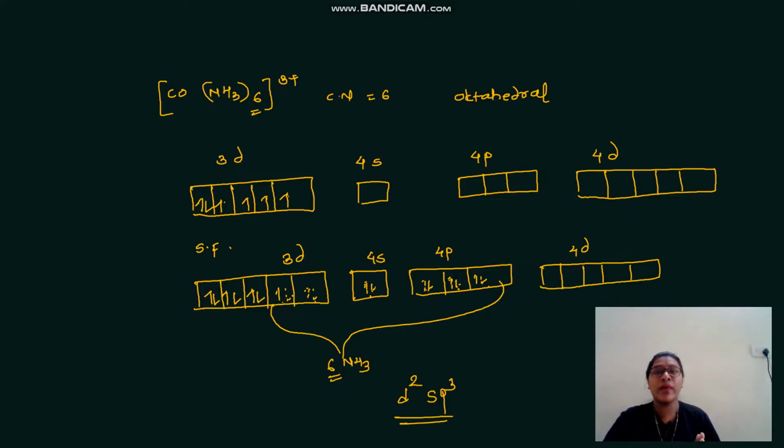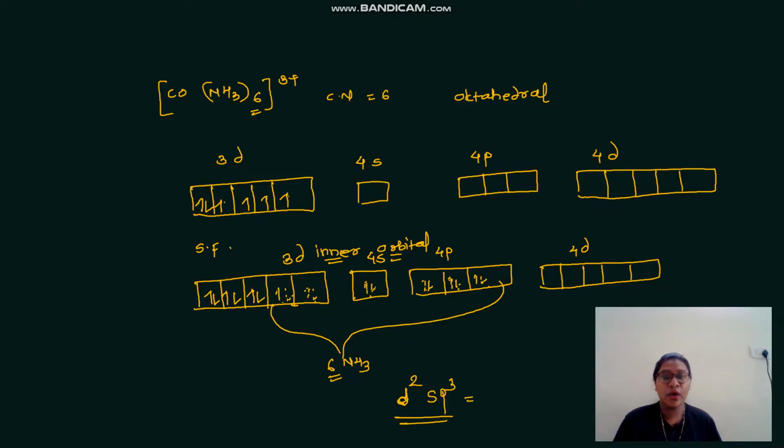Here inner orbitals are used in hybridization. Why? Because pairing of electrons takes place, therefore vacant orbitals are available. Therefore the inner orbitals are used, so d comes first, and the hybridization is d2sp3.